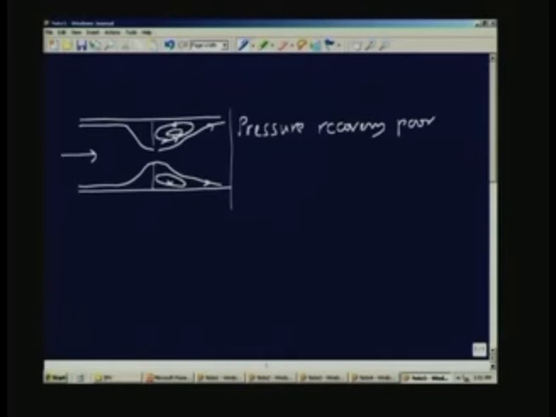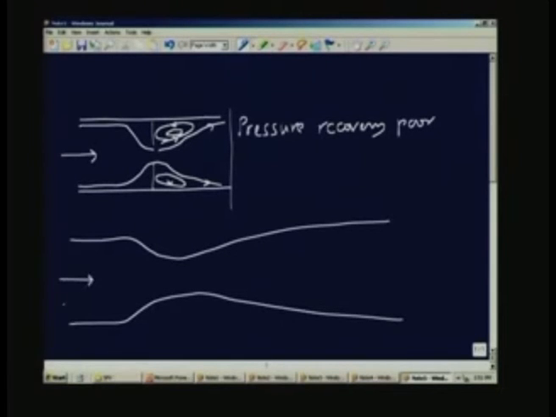This is because of the flow separation that is generated. If you take a look at a venturi, there is no flow separation; the flow goes nicely like this and follows the contour.